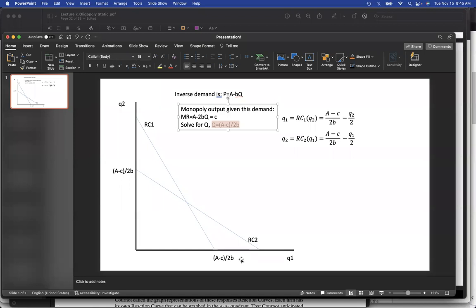Because if firm 2 produces nothing, firm 1 would like to do what? It would like to produce the monopoly output. Okay, so what about this one? Can someone explain this one? And remember, this is the intercept of RC2.